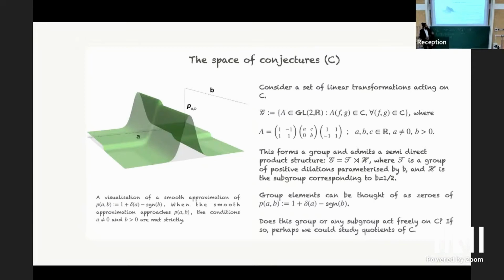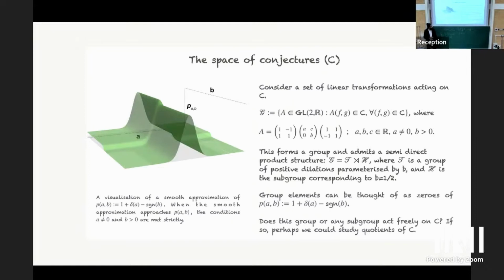The remaining group is H, and that corresponds to a different subgroup of G, which does not act freely. Nonetheless, if you look at the representation of a typical group element, it has three parameters, A, B, and C, and they are real numbers. The only conditions are that A is not equal to 0 and B is greater than 0.